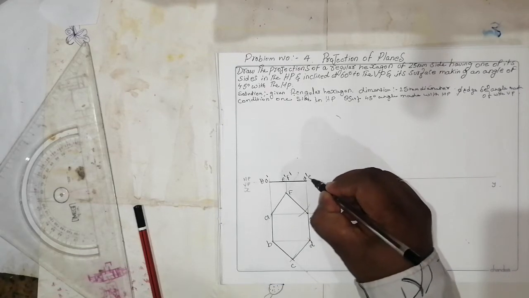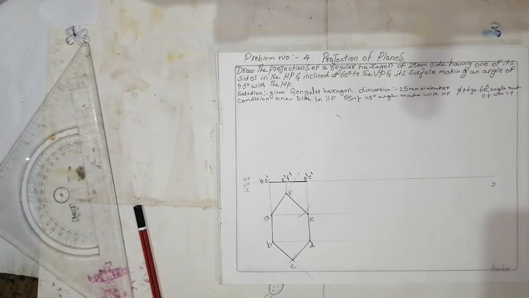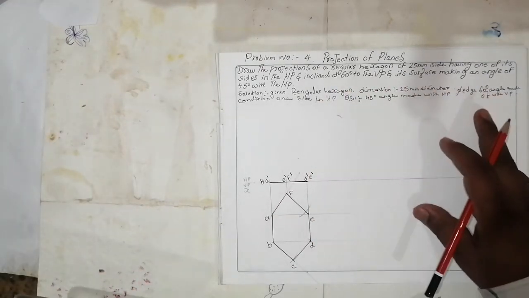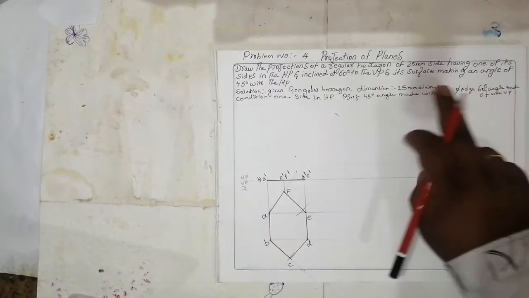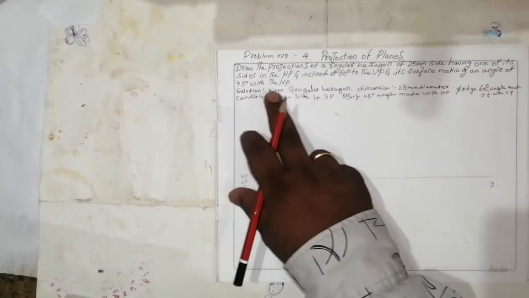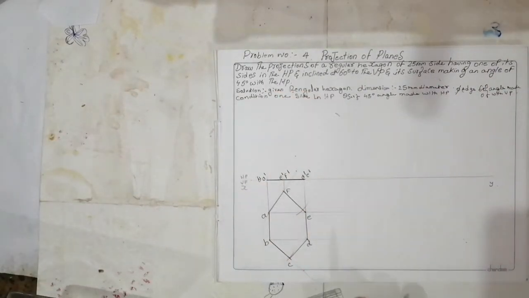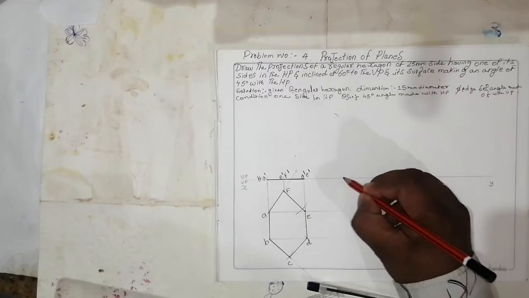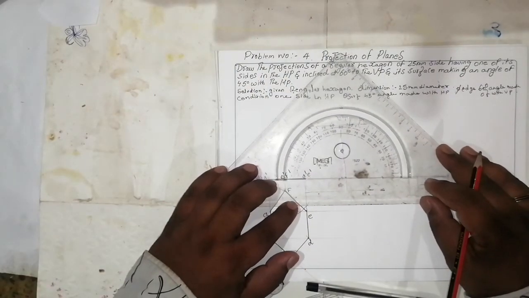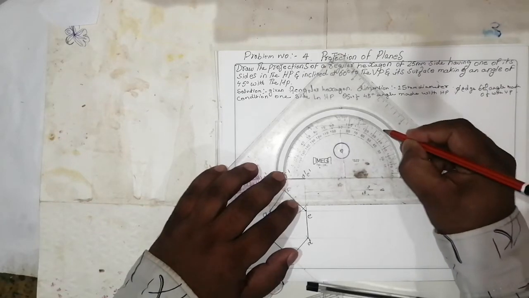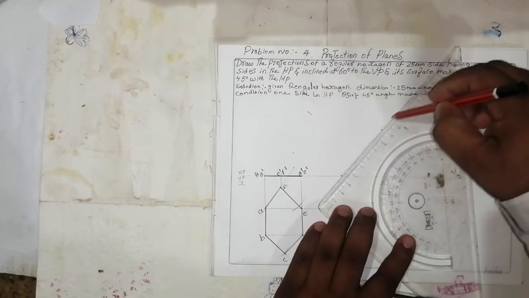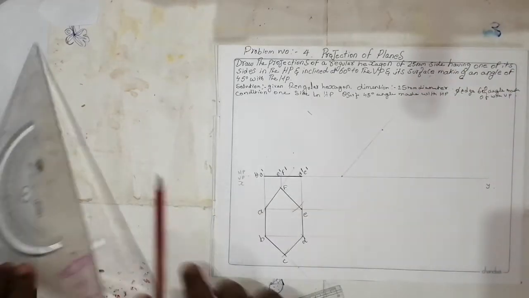After that, using a protractor, what the question has been given is 45 degree, the surface making an angle of 45 degree with the HP. So take a middle point like this, at 45 degree, cut one, draw a simple line like this.